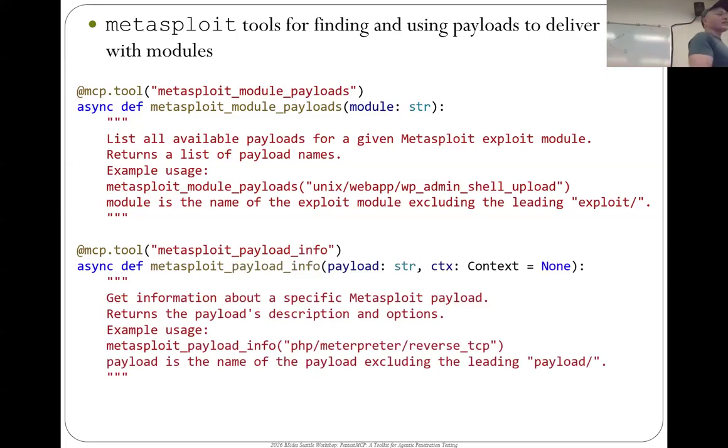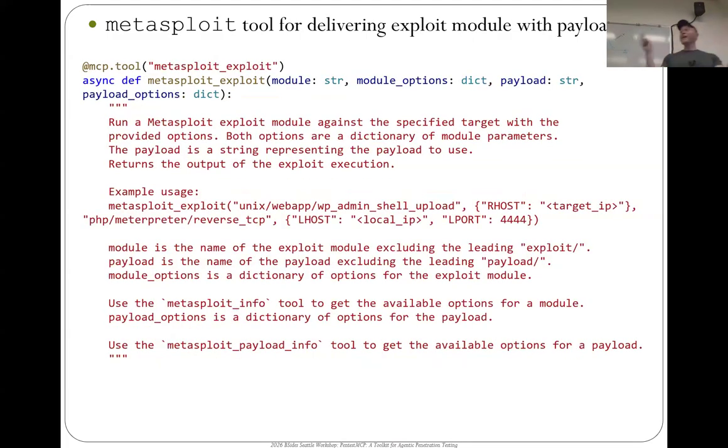The next one is to get information about a specific Metasploit payload that I have chosen. If you're going to use a particular web shell, then get information about that payload and see what parameters I need to set in order to deliver this payload accurately. That's what this tool call is. And then finally, you have all the information and you say, just deliver that exploit.